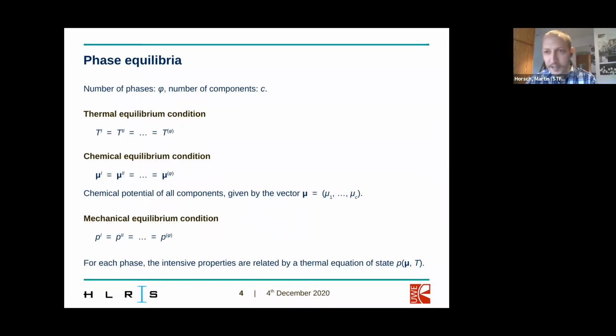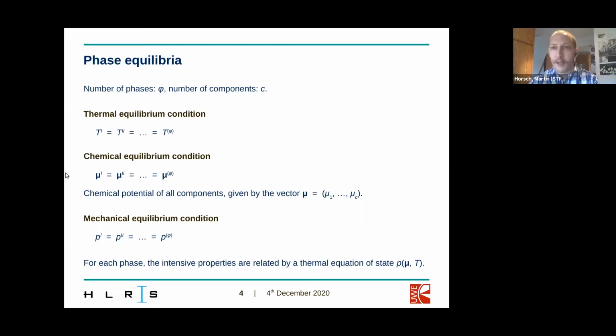In general, multiple phases coexist, and there can either be a pure system or a mixture with a number of components greater than one. And thermodynamic equilibrium is characterized by thermal, chemical, and mechanical equilibrium. So all phases need to have the same temperature.